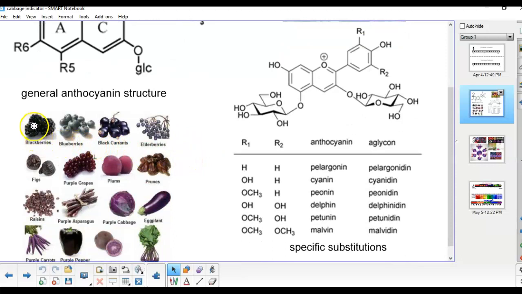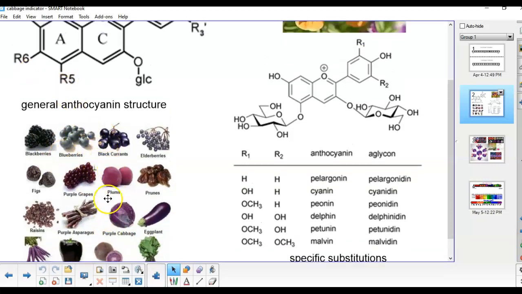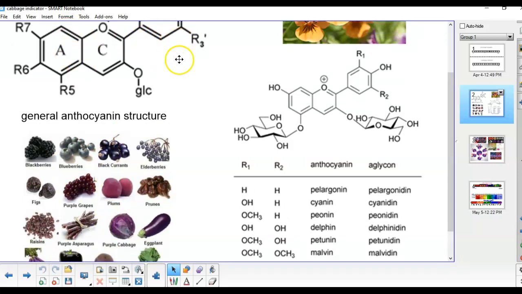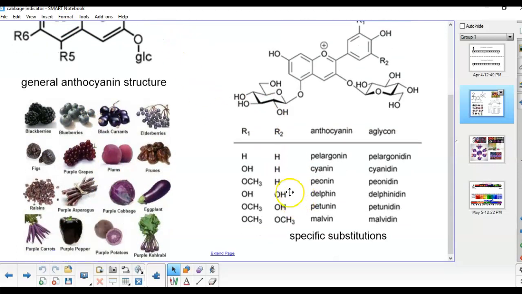And then we can get different shades of blues or purples or blacks or plum, depending upon all of the different little minor changes that can happen within this basic structure. Here are some examples of those, and then the specific names they're called.